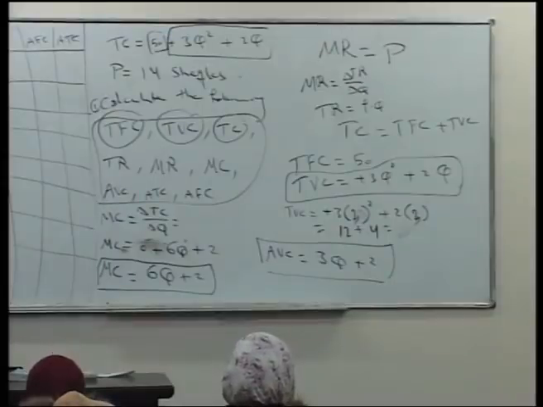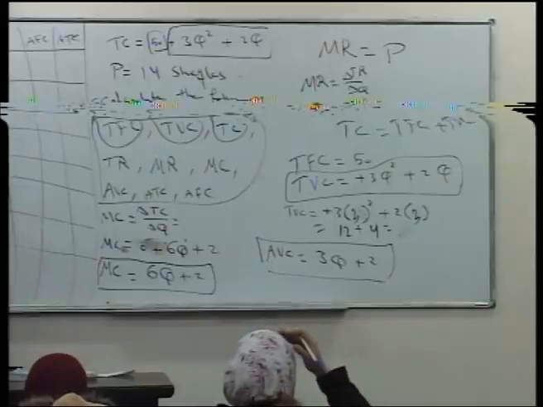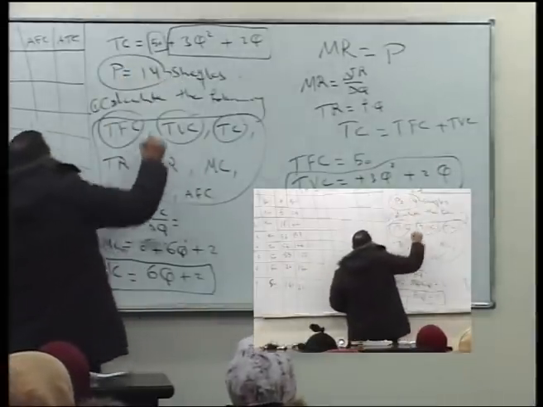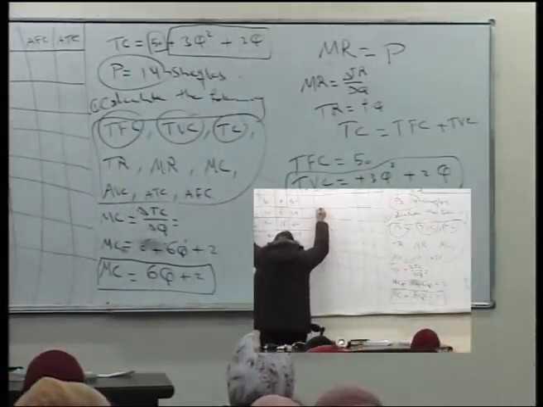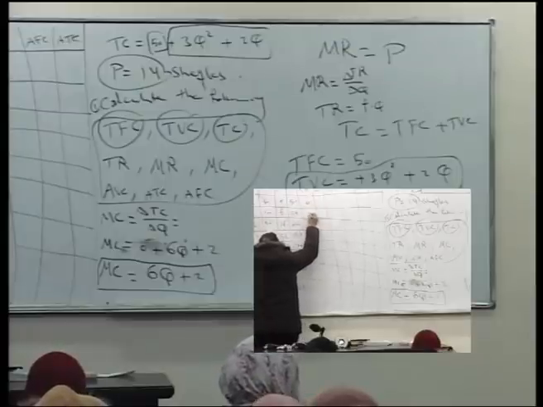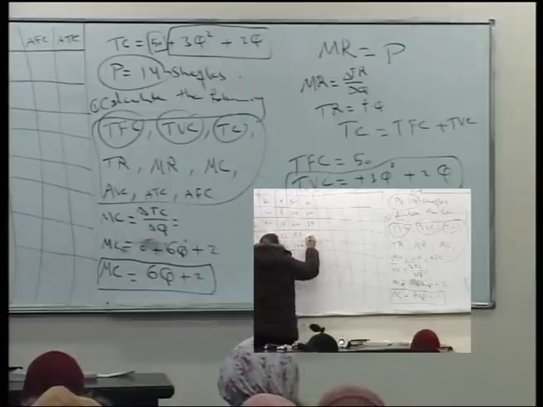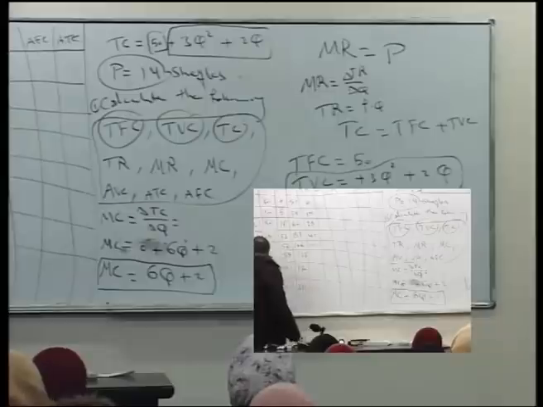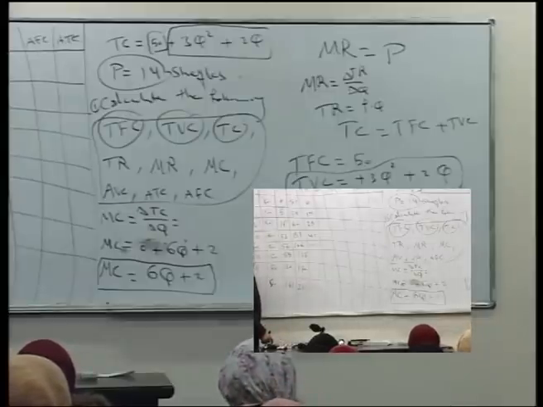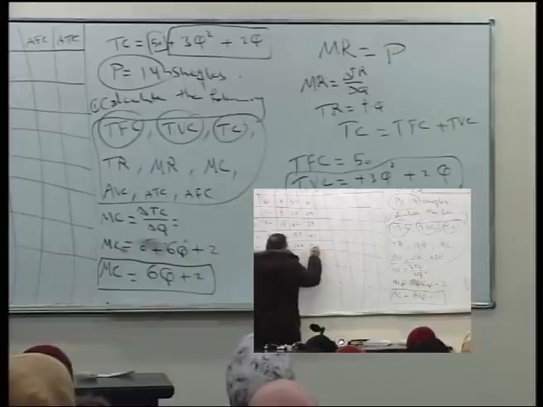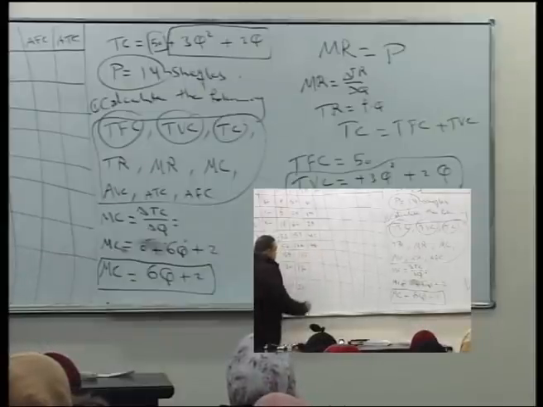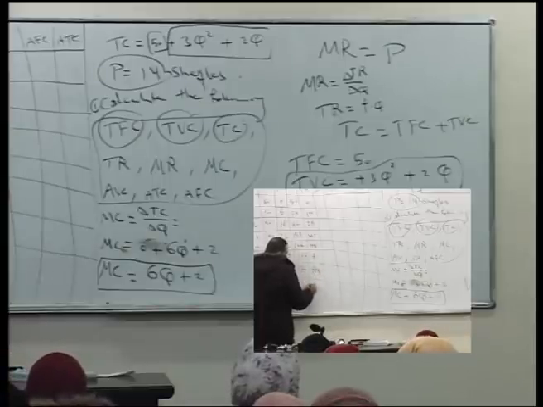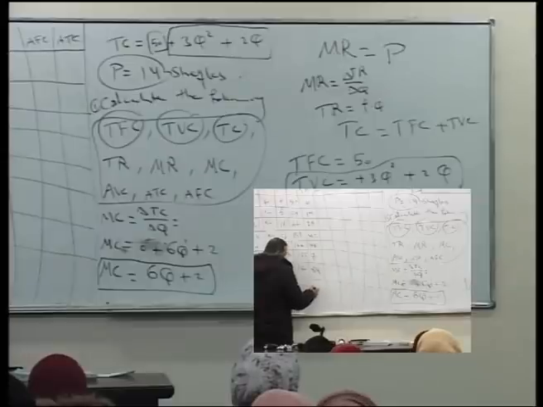So total revenue equals price times quantity, and the price here is 14. 14 times 0, 14 times 1 is 14, 28, 42. Total revenue, 14 times 4, how much is it? 56. Then the last point.